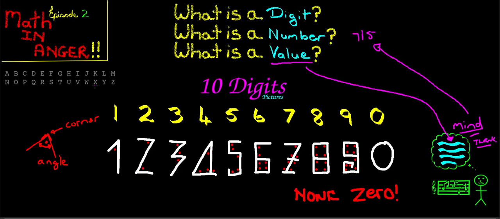Each one of these pictures tells you how much you're supposed to be thinking about. And the how much is the number of angles associated to the picture.